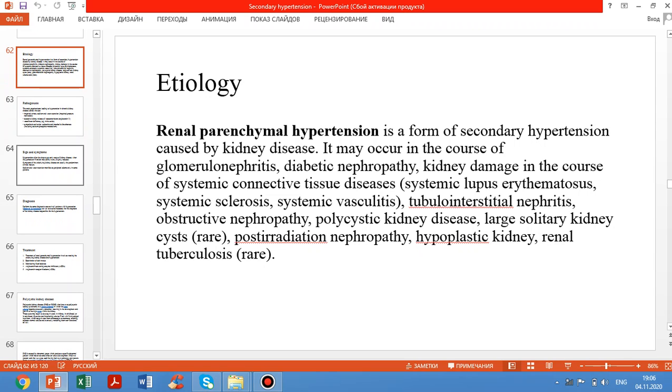It may occur in the course of glomerulonephritis, diabetic nephropathy, kidney damage in the course of systemic connective tissue disease like systemic lupus erythematosus, systemic sclerosis, systemic vasculitis, tubulointerstitial nephritis, obstructive nephropathy, polycystic kidney disease, large solitary kidney cyst, post-irradiation nephropathy, hypoplastic kidney, renal tuberculosis.